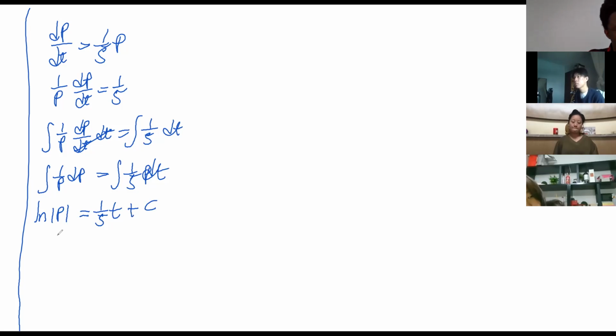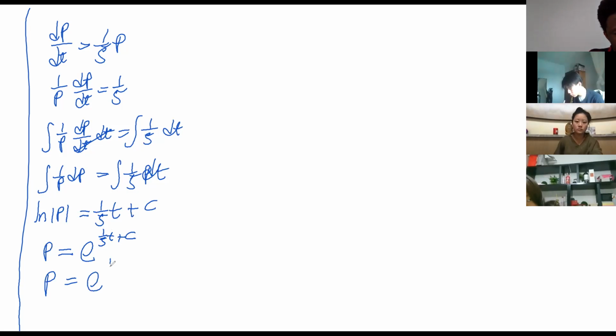So what else do we have? So p now will be the exponential of all this, exponential of 1 over 5 t plus c. I'm trying to copy exactly what was done. But okay, so this is the step that was missing. And now this is meant to be plus or minus, because of the absolute value, right?